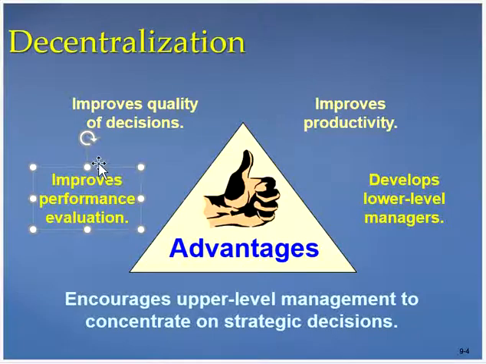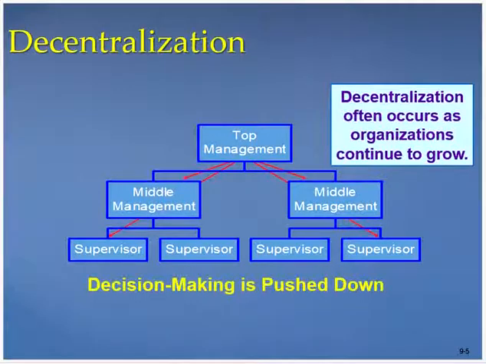So now, what is decentralization? This is just an example here. The basic thing in decentralization, to understand how decentralized any organization is, is their organizational structure, how many layers they have, right?